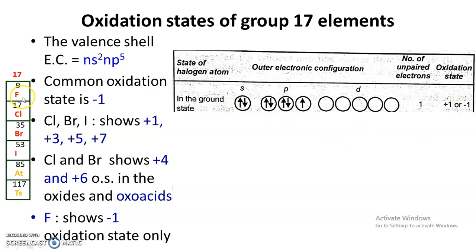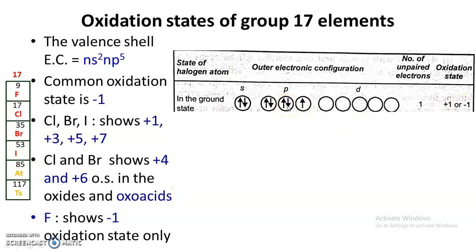In fluorine, the d orbital is not there, and therefore there is only one unpaired electron. Its covalency is 1, as well as its oxidation state is -1.